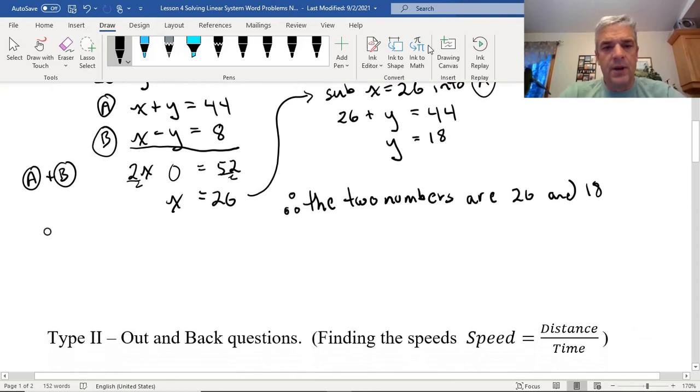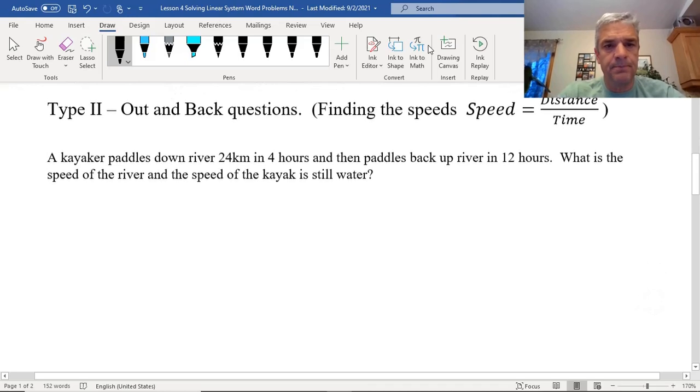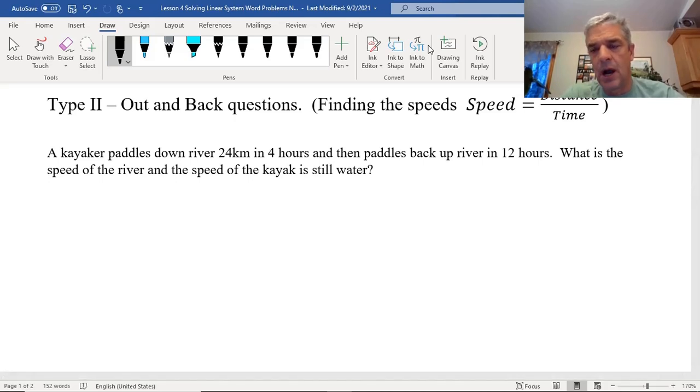All right, so now we're going to move on to the second type of question, which is called an out and back question. And with out and back questions, there's something you really need to know, and that is speed equals distance over time. These are definitely more complicated and challenging questions, and sometimes I even take a little extra time to do these. So just walk your way through them as you use some prior knowledge.